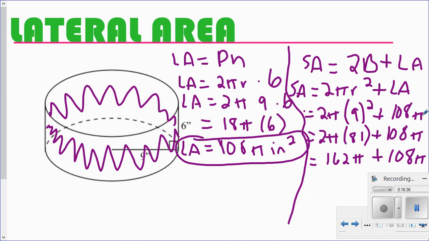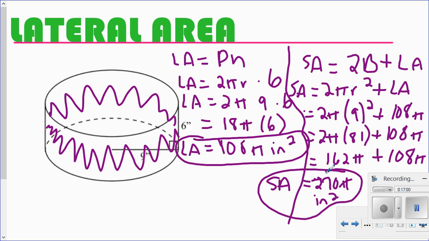Okay, so I have 162 pi and 108 pi, which I'm going to combine. Looks like I'm going to get 270 pi for my surface area. And these are in inches squared. Okay, so that's the surface area and the lateral area of this cylinder.